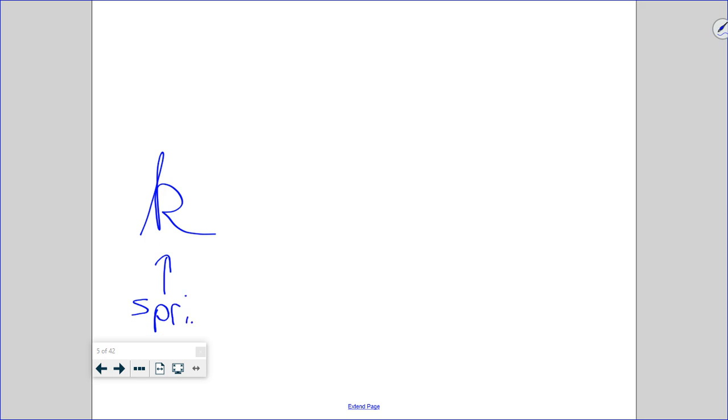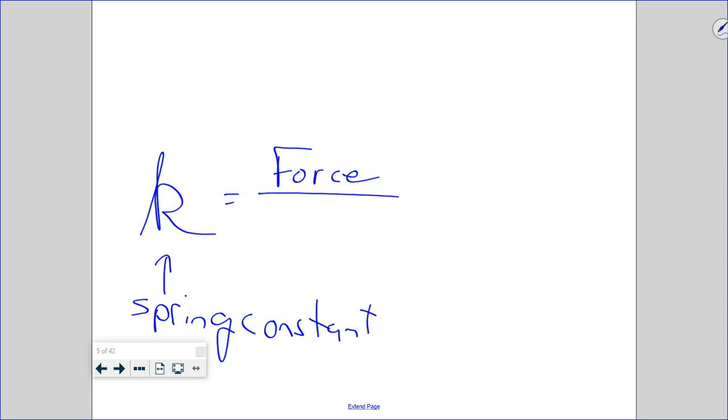Every ideal spring has what's called a spring constant, and the spring constant is a measure of the amount of force that the spring will exert per unit of displacement, per unit that you either stretch or smoosh it.